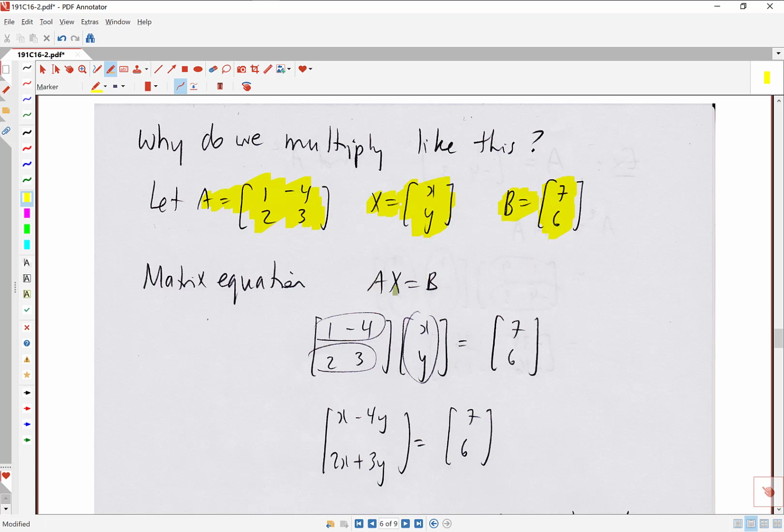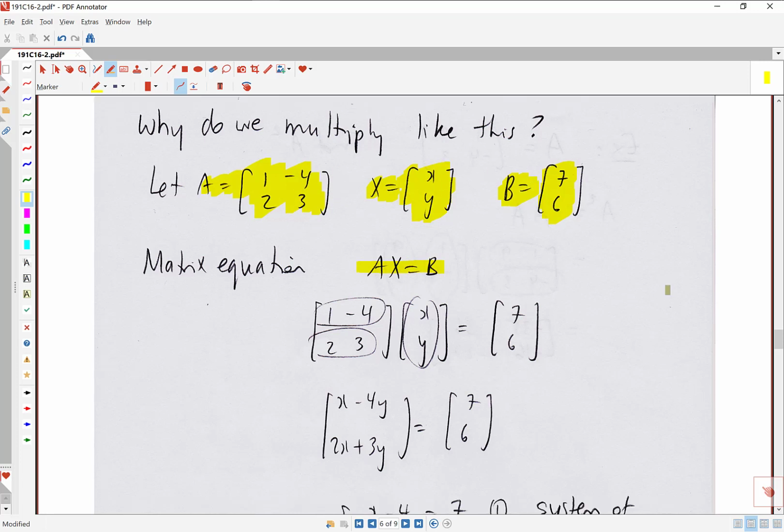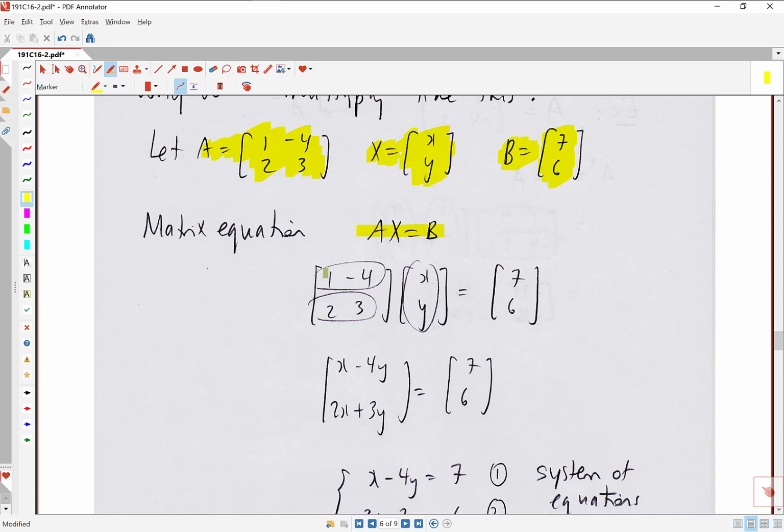So the idea is that we want to understand this equation, AX equals B. So let's plug in our A, X, and B into this equation and just see what happens. So A, as we said, is this square matrix that has some numbers. X is just a column that has some variables in it, and B, a column that has some numbers in it. Okay, so let's try to make sense of this equation that we've got highlighted here.